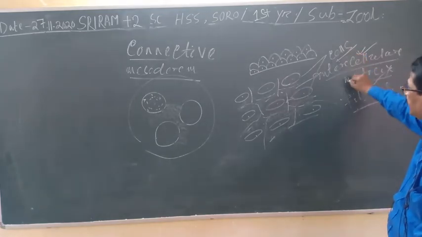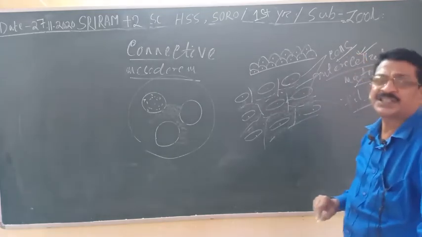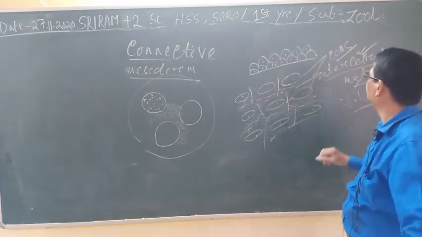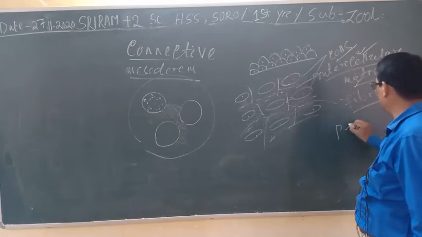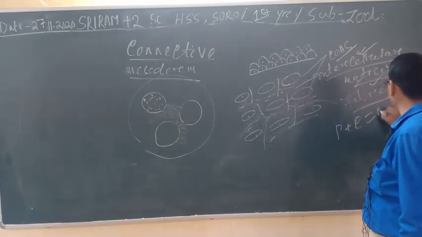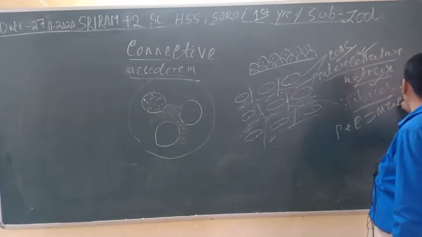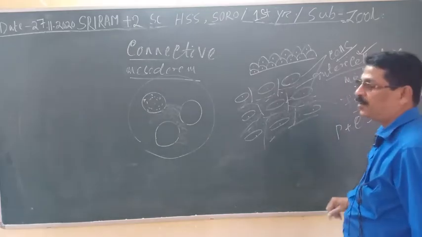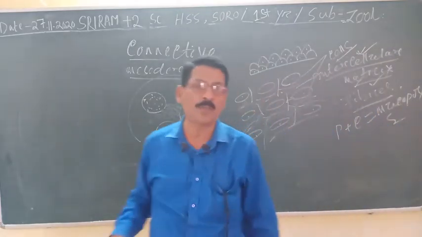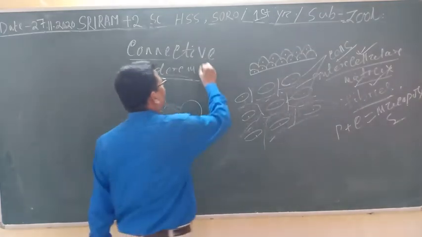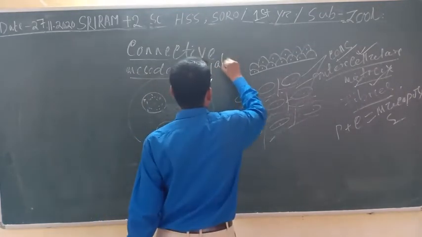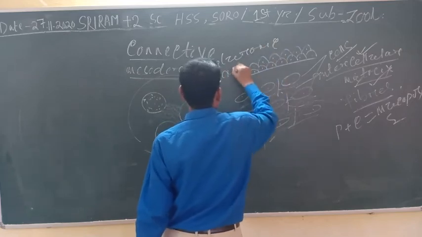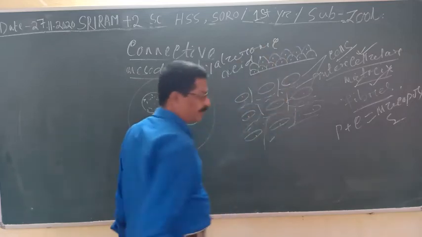Clear? And the matrix is formed of protein and carbohydrates, and protein plus carbohydrate form mucopolysaccharides. And the main compound of the mucopolysaccharide is hyaluronic acid. Are you understanding me or not?